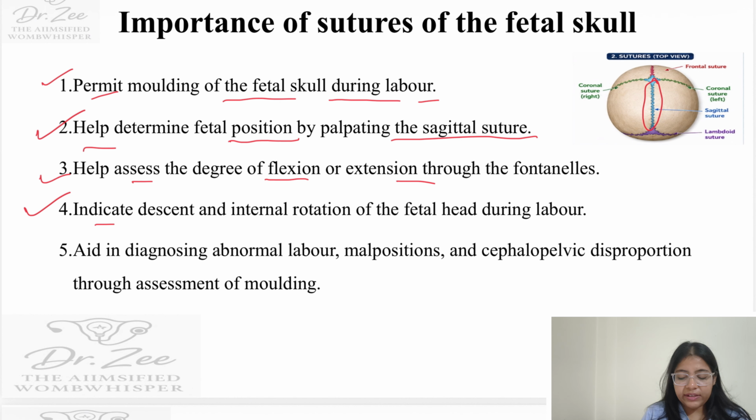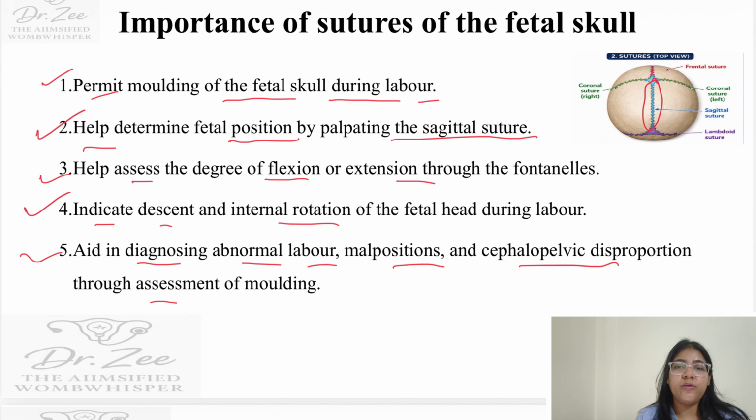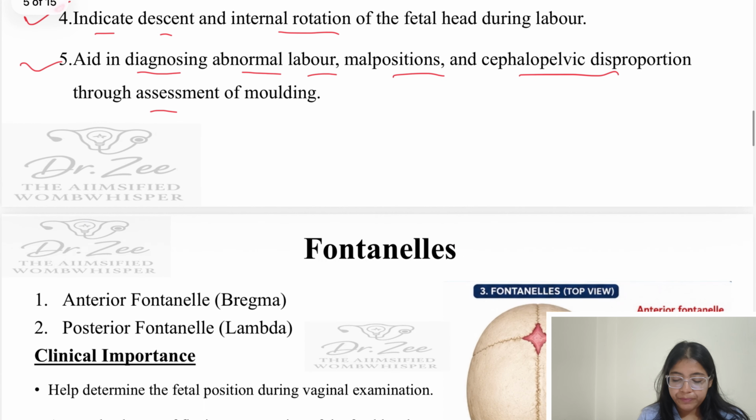It also indicates descent and internal rotation, as I told you. It aids in diagnosing abnormal labor, malpositions, and CPD through assessment of molding. If there is no descent of the fetal head, there is some disproportion. So in that way you can know from sutures and fontanelles.